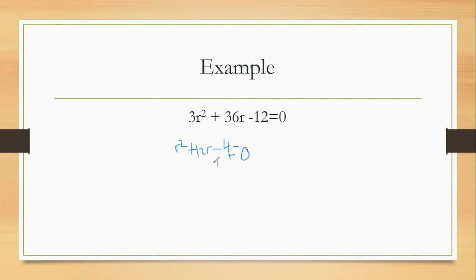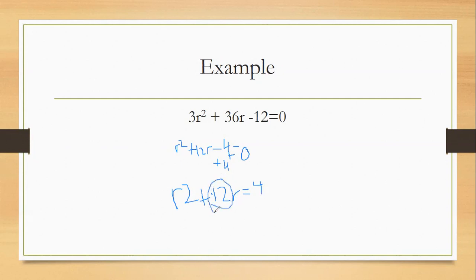You got to add 4 to both sides. So now we end up with r squared plus 12r equals 4.